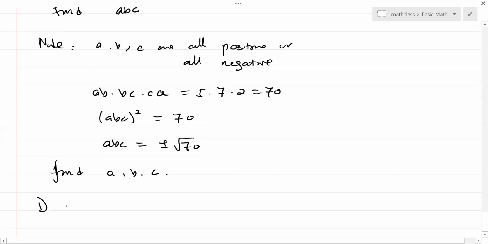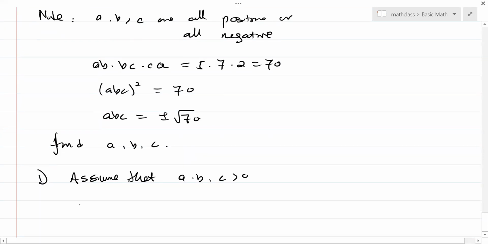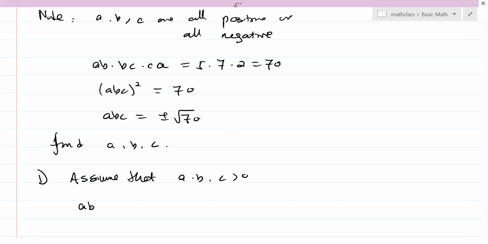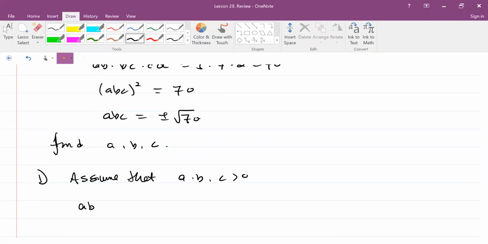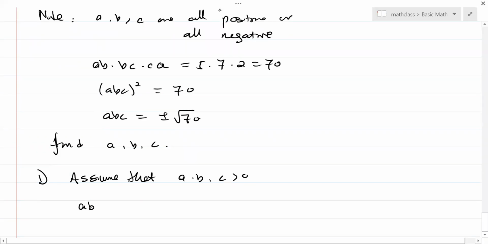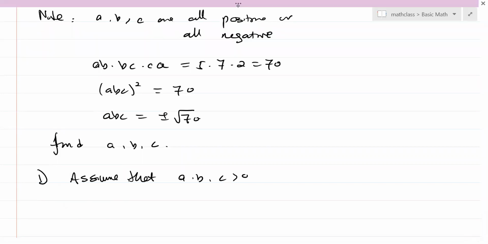So first of all, you assume they're positive. Assume that A and B and C are all positive. Then you find the product of the three numbers first. That helps you to solve the problem.